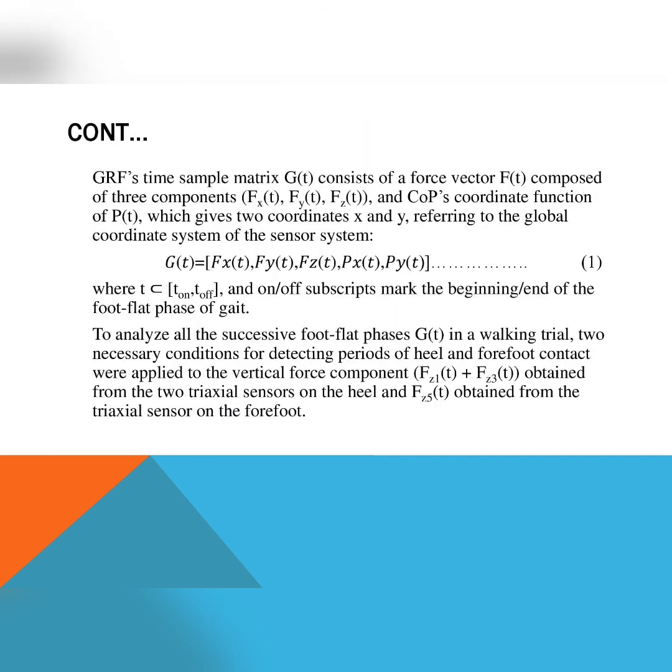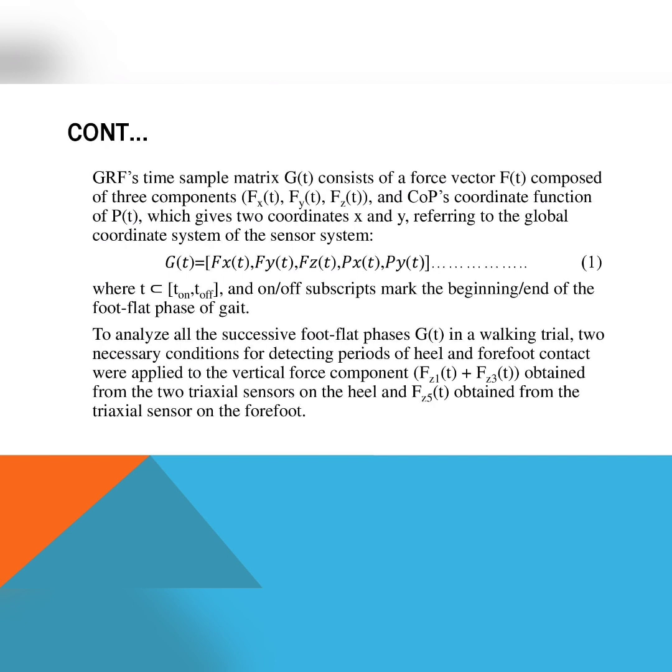GRF's time sample matrix G of t consists of a force vector f of t composed of 3 components, fx of t, fy of t and fz of t, and COP coordinate function p of t, which gives 2 coordinates x and y.